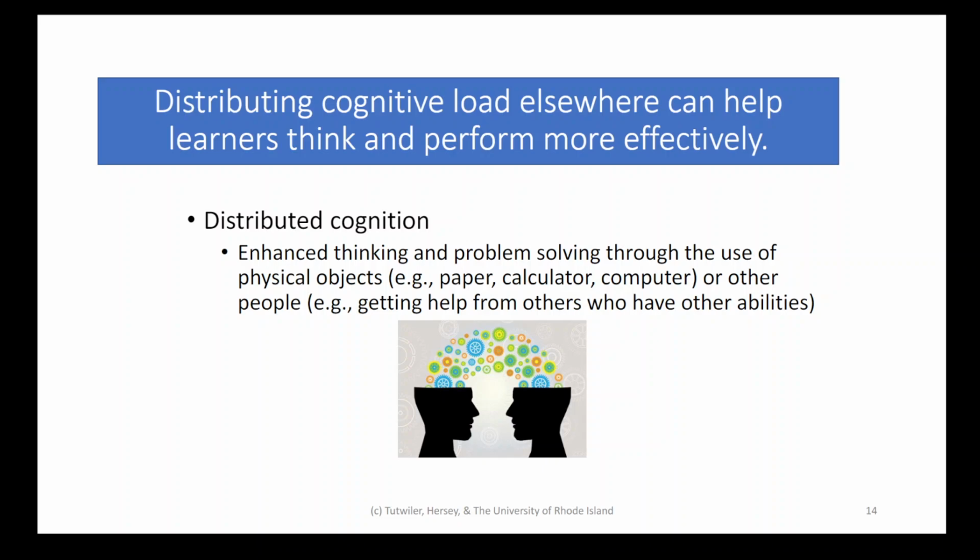You've got something else doing some of the thinking for you, so that the burden of doing that thinking is less, right? That's a way you could do it with a physical object. With people, you may get help from someone who has an ability you don't have, and that would also be distributing cognition.